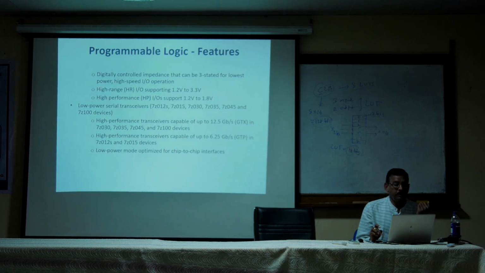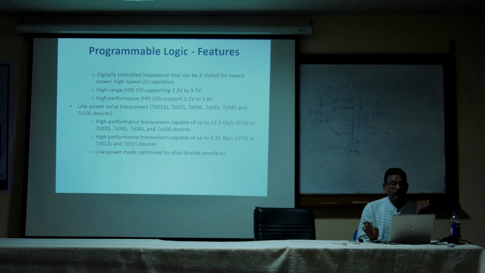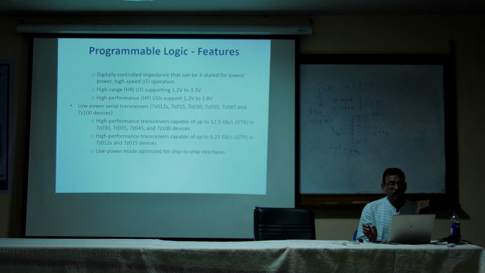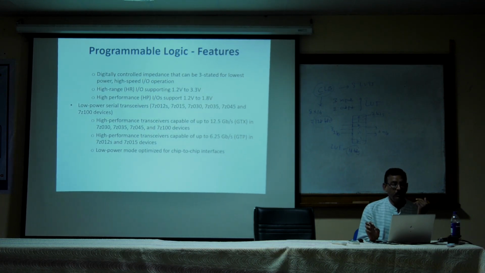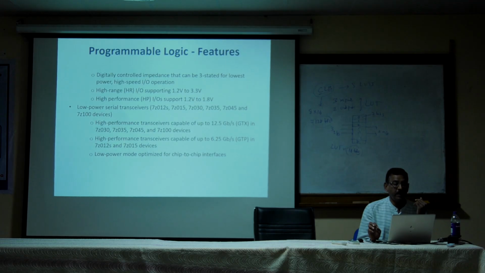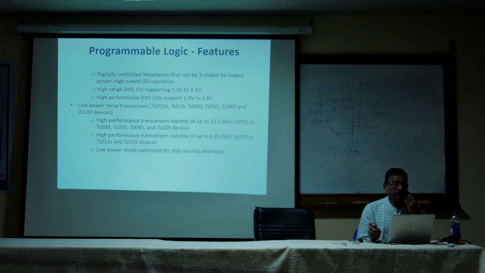High range IO supports 1.2 volts to 3.3 volts, high performance IO supports 1.2 volts to 1.8 volts. That is the IO technology we can use for higher range or high performance.